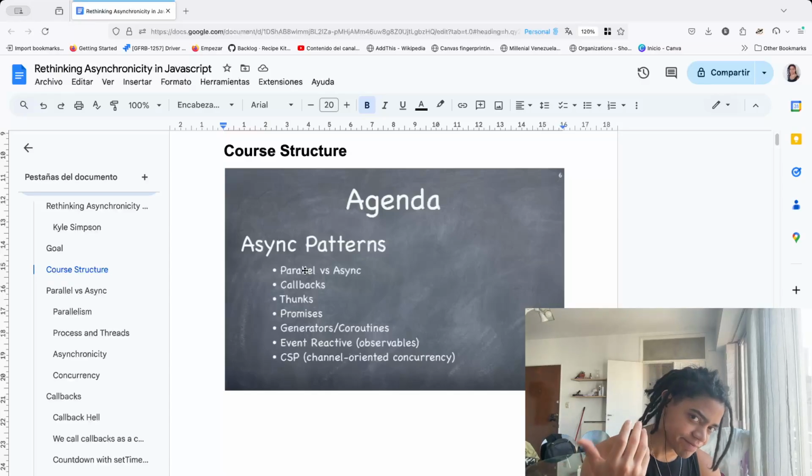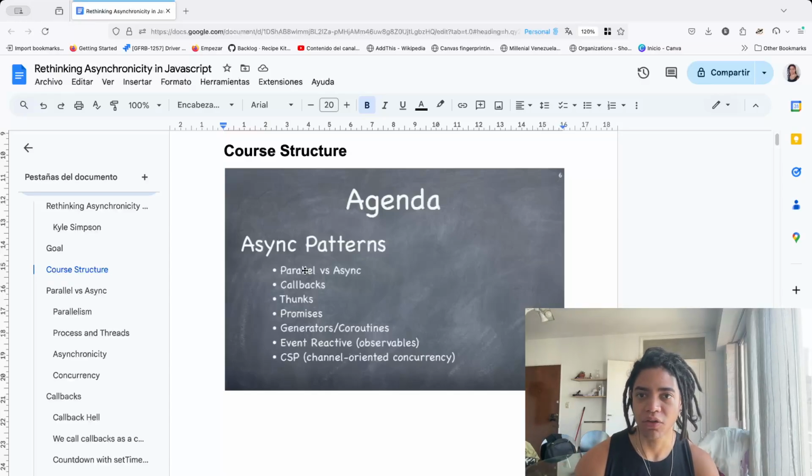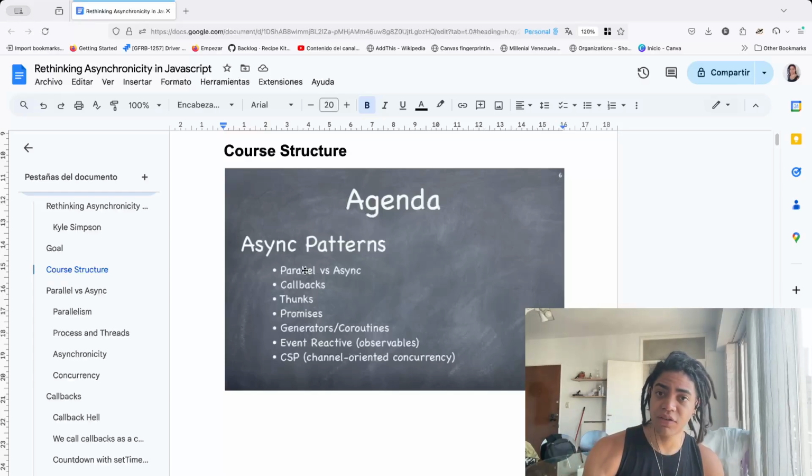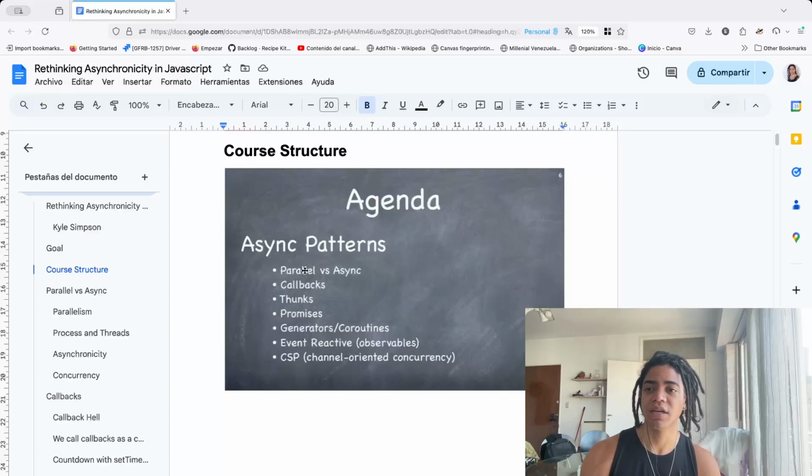Now, that's why we have another tool called thunks, which originally predates JavaScript. The value proposition of a thunk is that it eliminates time as a complicating factor when dealing with asynchronicity. How so?